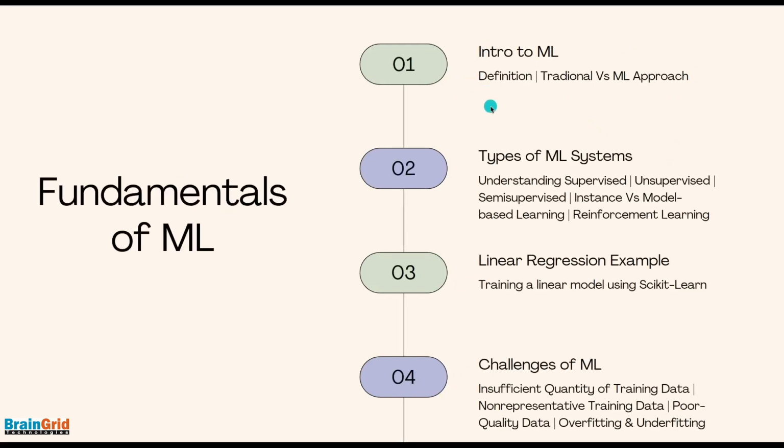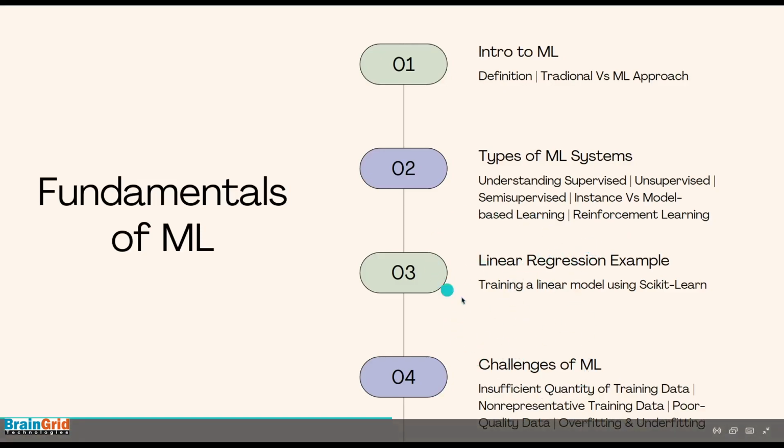If we quickly look at what we've covered till now, we've covered the introduction to machine learning, the definition, the traditional versus the machine learning approach, and we also briefly looked into different types of ML systems, that is supervised, unsupervised, semi-supervised, reinforcement learning, instance versus model-based learning.